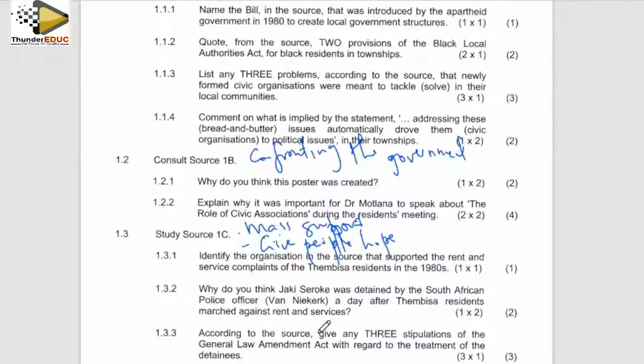That one there, we can reason out of the source information using our own knowledge of why the police officers were detaining influential people in the Black societies, especially after specific events of showing discontent to the government, like those marches. After a march, then we find one of the affluent members of the organizations leading the marches being detained by the police.